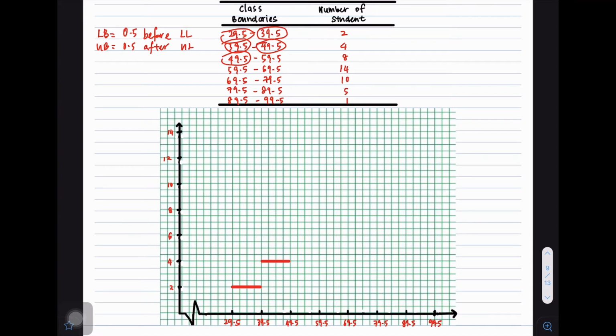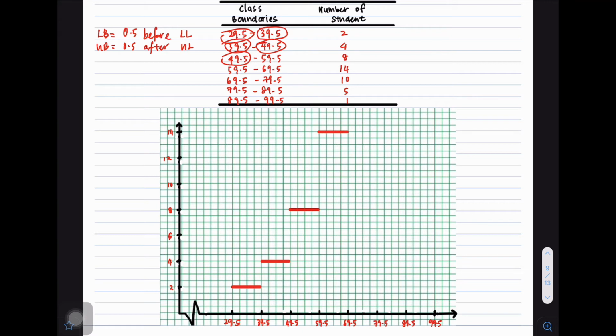So 8 is here, so let's draw the horizontal line for the next class. Okay, and then we have the frequency 14 for the next class. So 14 is here, right? And then for the next class is 10.